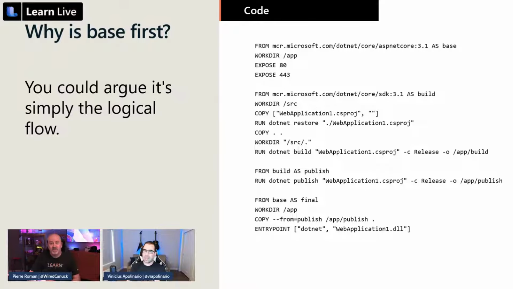If it was last, it would have to run all the others first to get to the target one, and then run the application for you from inside Visual Studio. Because we put it first, Visual Studio compiles everything and brings the very first image stage, which, because it's the first one, is faster to create. Then you can start testing and validating and seeing your container in action from inside Visual Studio, without waiting for the other stages to finish to get you to the stage where you need the application up and running.